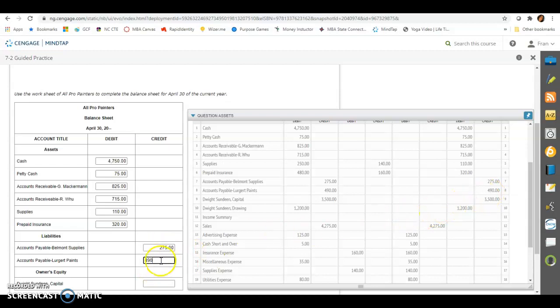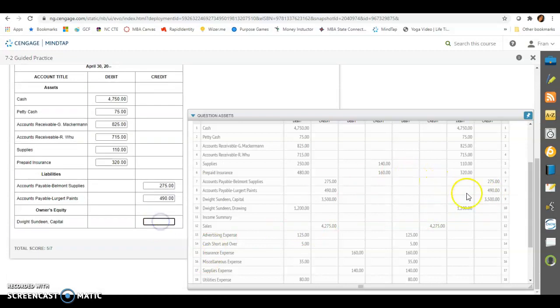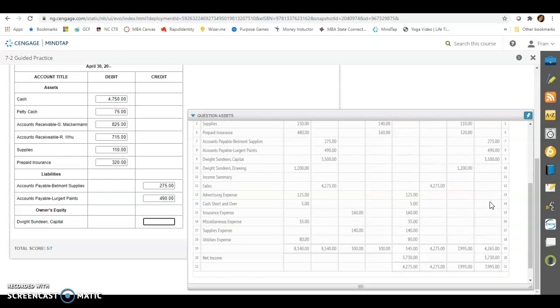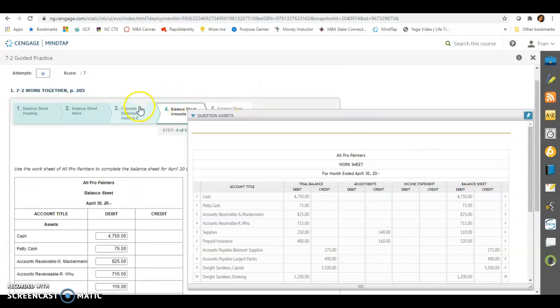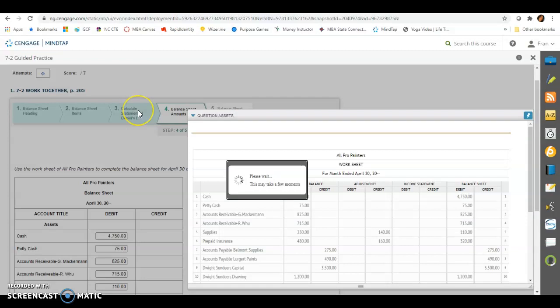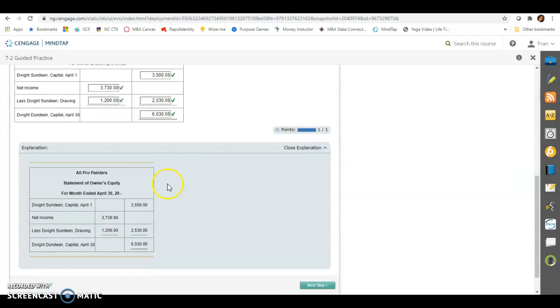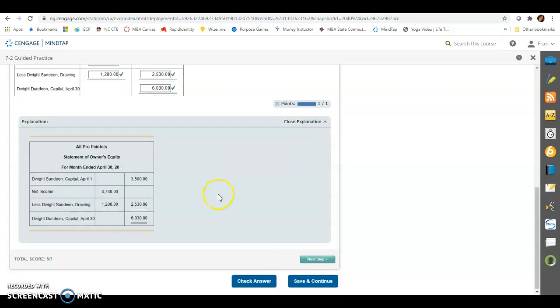Now, owner's capital, we're not putting $3,500 down, okay? Remember, we just figured out what the new capital was at the end of the month. If you get stuck here, you can go back to this other step and determine what it was. I just happen to still have it on my calculator. But the answer was 6030.